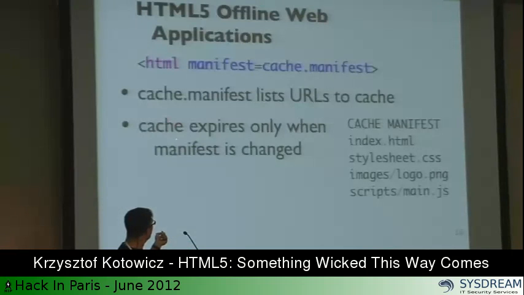The HTTP offline web applications cache expires only when the manifest is changed. So when the user visits the same resource, let's say this is the root of a website, the user enters the same URL in the browser's address bar and presses enter.